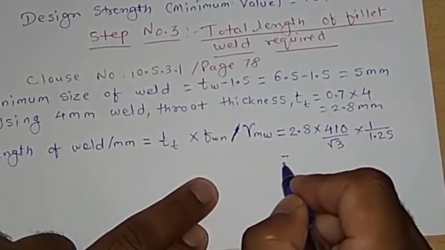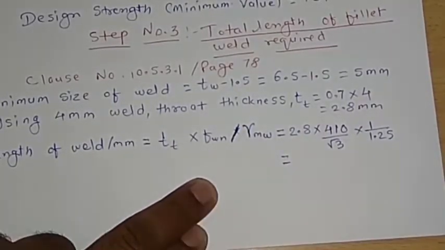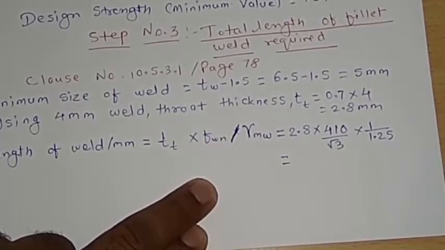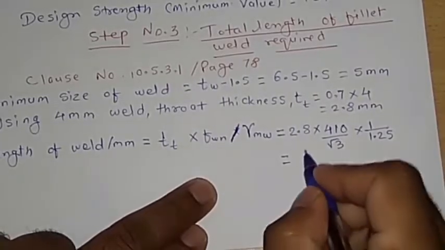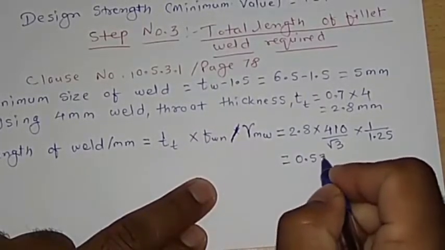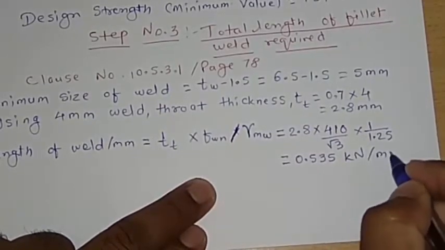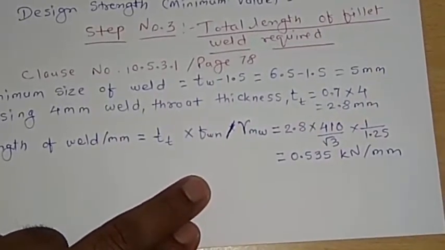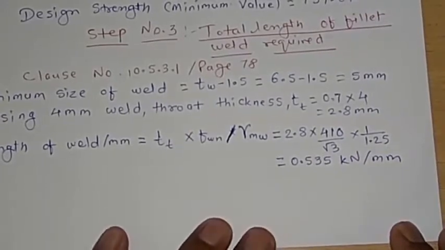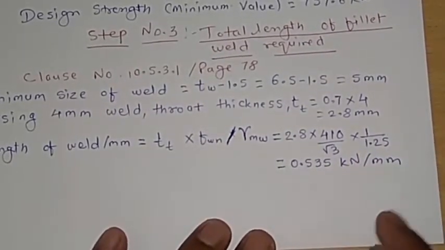So here you will get around 0.535, which is actually kilonewton per mm.